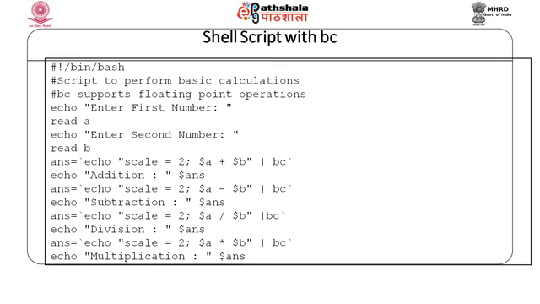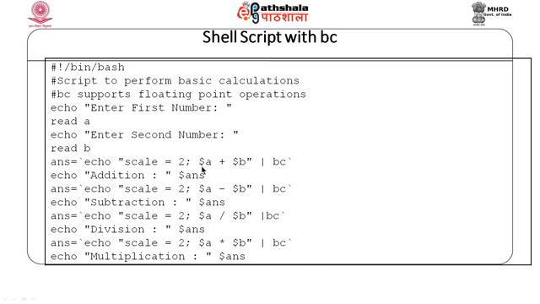Let us go further. If we use bc for the same program, it is like this: echo, then we provide the expression $a plus $b, which is piped to the bc command. One point to be noted: I have used scale equal to 2. It means there must be up to 2 decimal points.